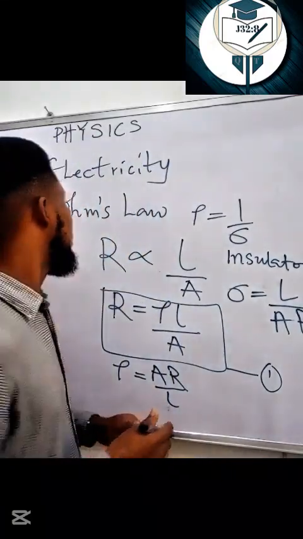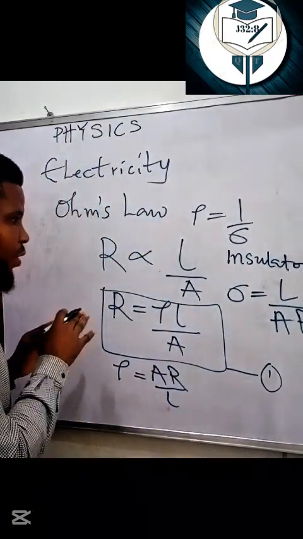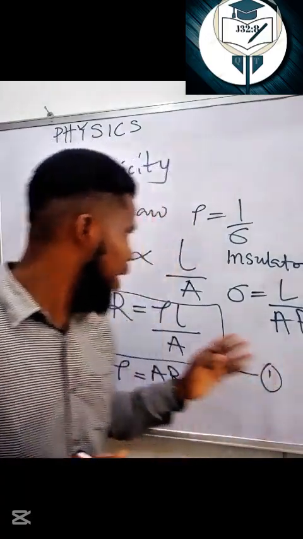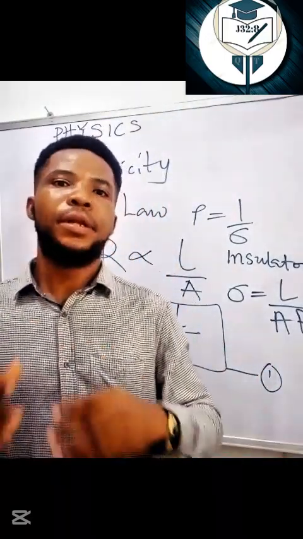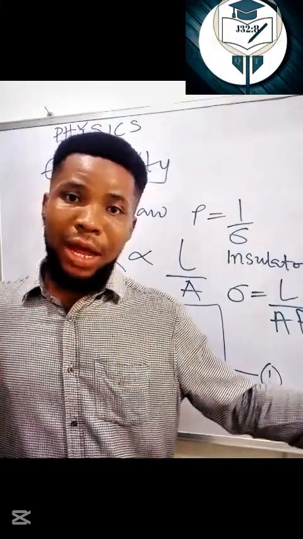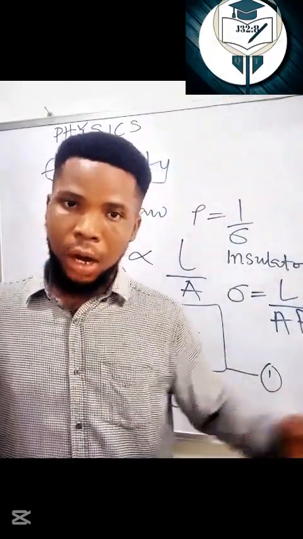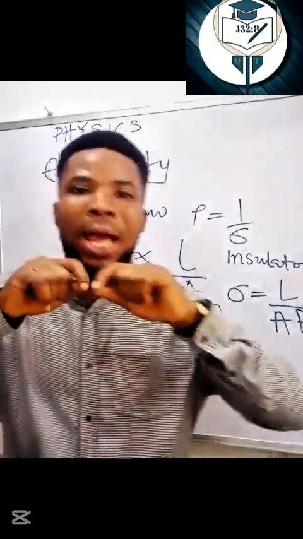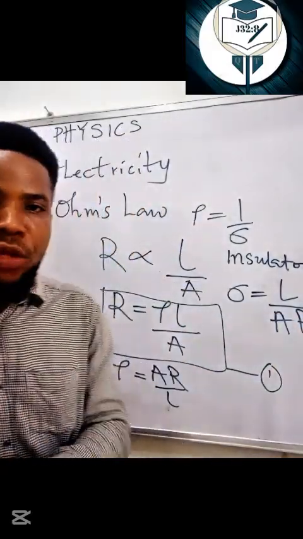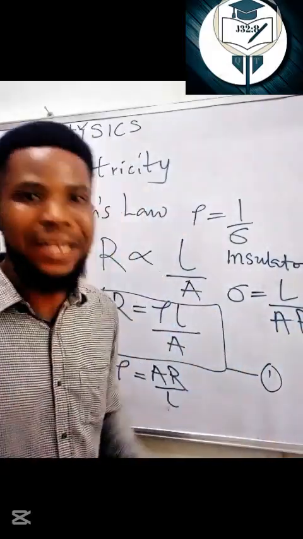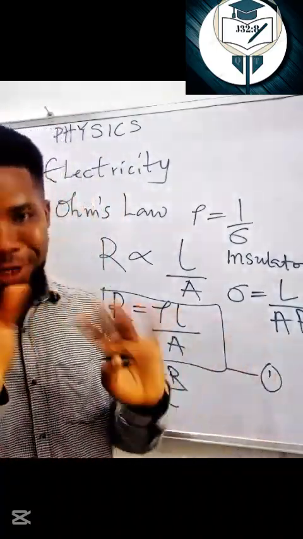You understand me? So now, the length of the material, the longer the material, from what you can see here, the more the resistivity or the lesser the conductivity. That is, if the wire is longer, the ability to conduct electricity reduces. That is, the resistance increases. You must understand this word.